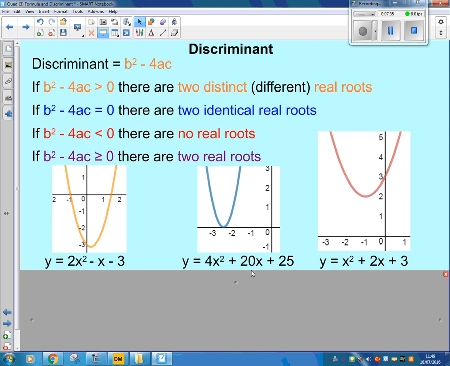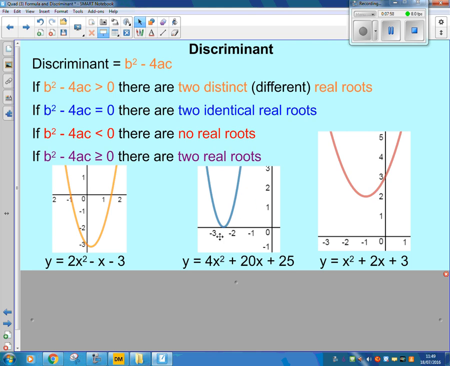For the next one, that was where we only got a solution when we put y equals 0, in other words, the x-axis is where y is 0, you had 4x squared plus 20x plus 25 equals 0. We only had the one solution, minus 5 over 2, or minus 2.5, and that's what we mean when we say two identical real roots.